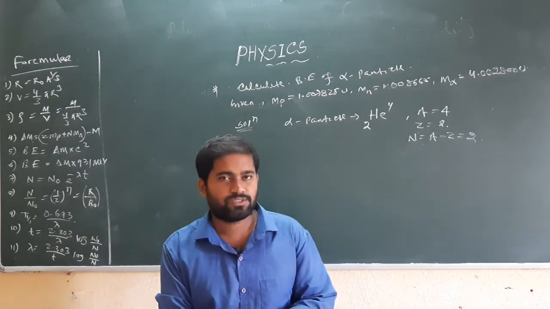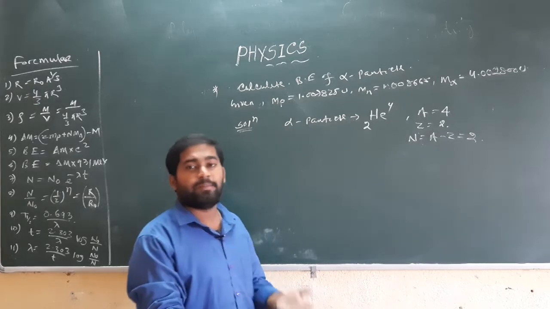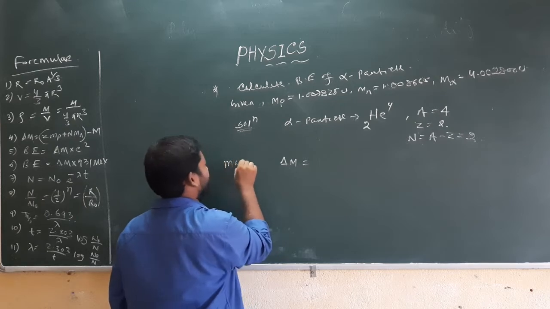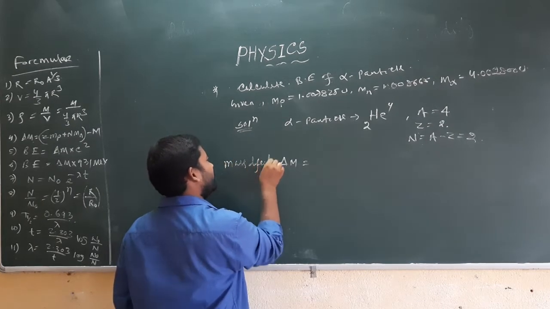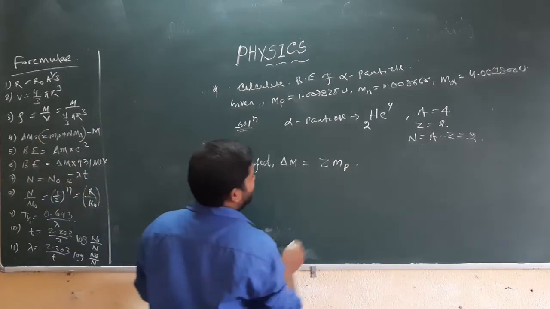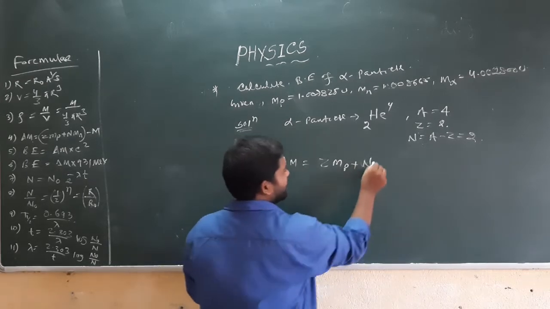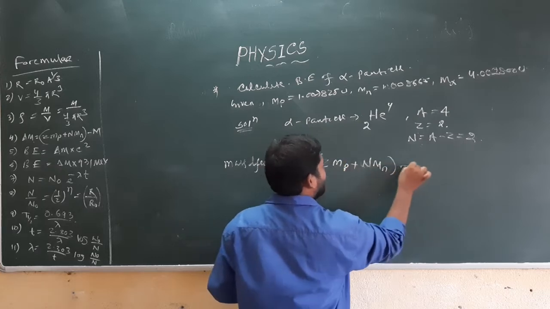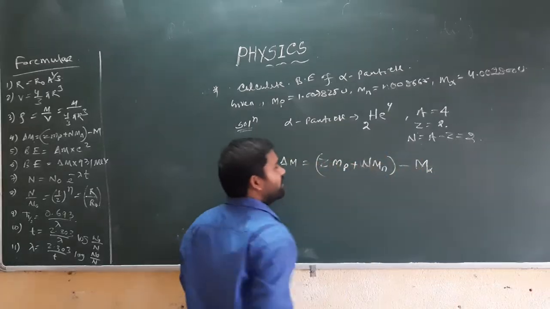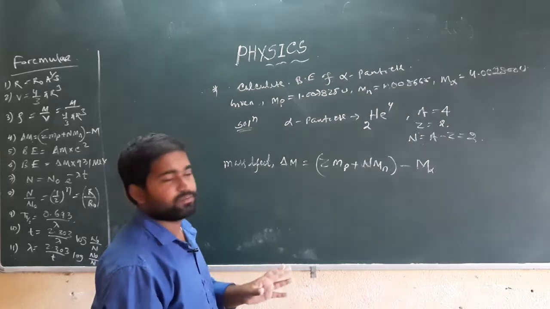So the mass defect equals Z times Mp plus (A minus Z) times Mn, or we can write Z Mp plus N Mn minus capital M, where capital M is the observed mass of the alpha particle.